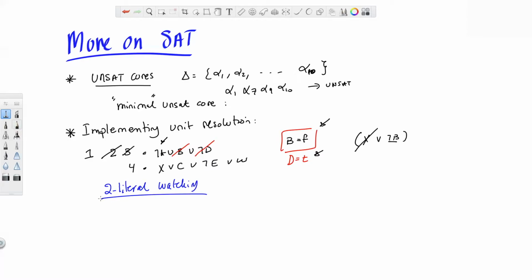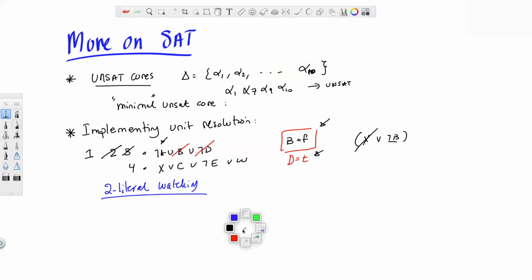And I don't have to check the clause every time one of its variables is set, right? Because what I just told you, you will have to touch a clause every time you end up resolving one of its literals. Two literal watching says, no, we don't actually need to do this.